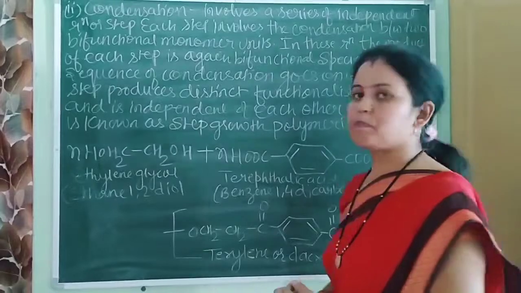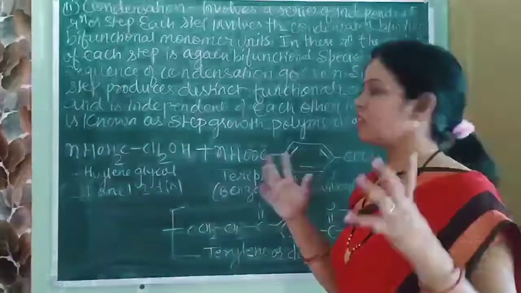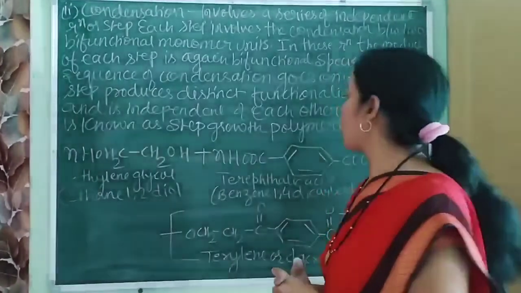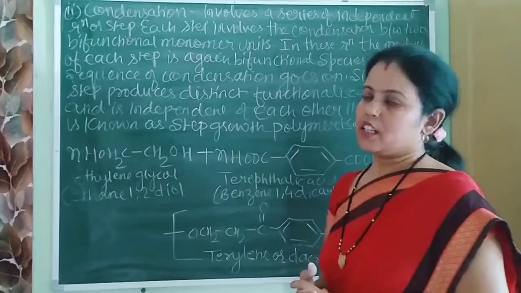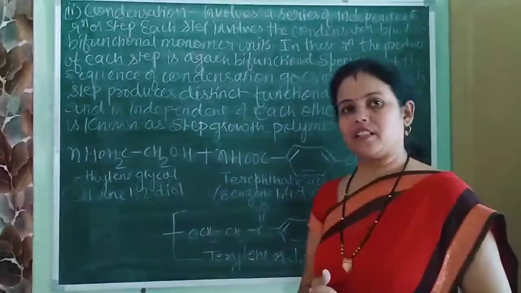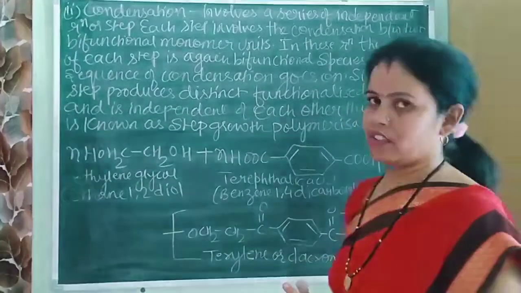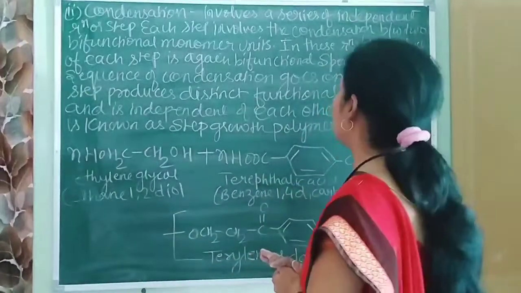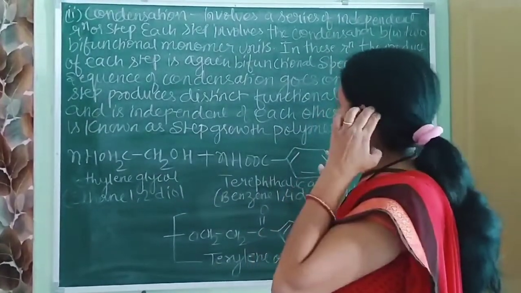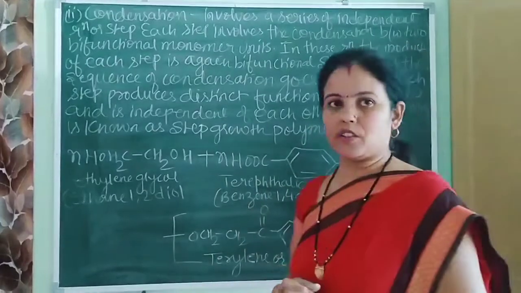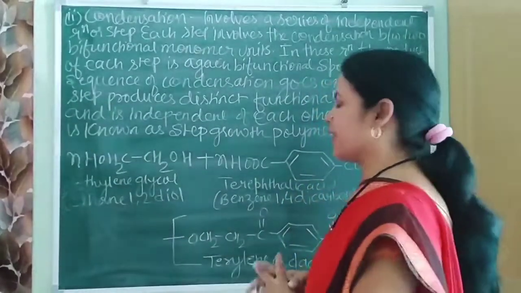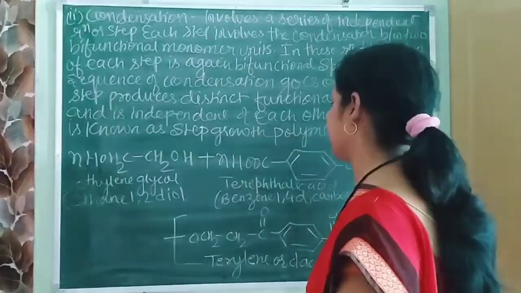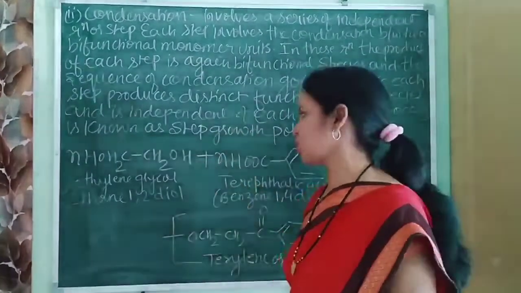Since each step produces a distinct functionalized species and is independent of the others, this process is known as step growth polymerization. Here the product of two steps is a distinct bifunctional species, and any two steps are independent of each other. That's why they are called step growth polymers.